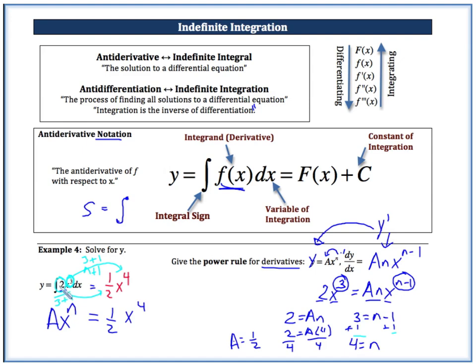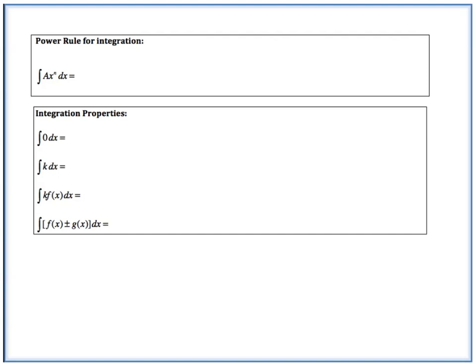And we actually want to divide that 2 also by n plus 1. So let's formalize this now. Here is our ax to the n. So we know it's going to be ax to the n plus 1, so we have to add 1 to that exponent. And then we actually divide this also by n plus 1. And that is the simple power rule for integration.